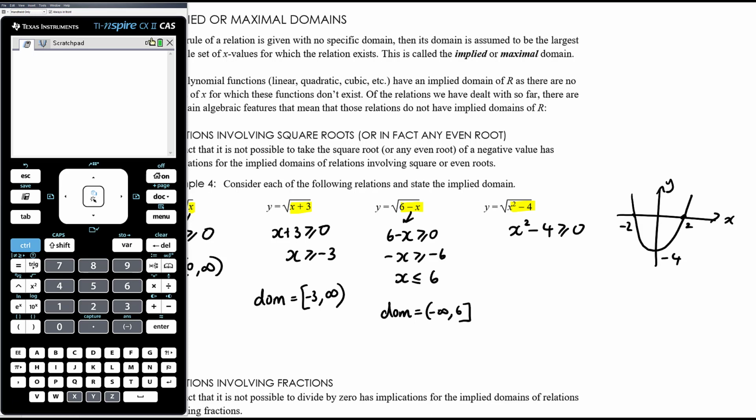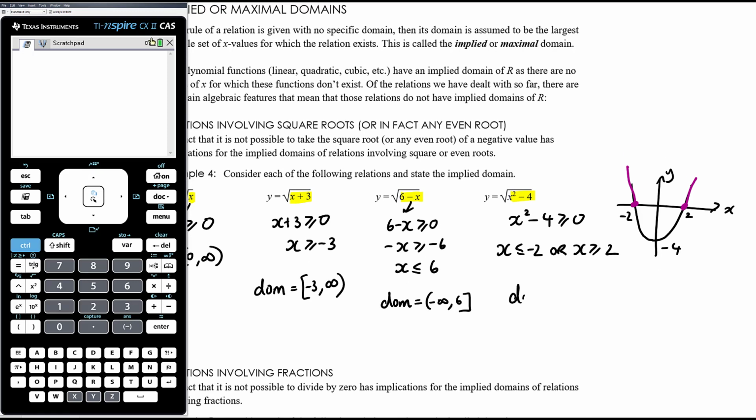It is bigger than or equal to 0 if x is bigger than or equal to 2, or if x is less than or equal to negative 2. That's where x squared minus 4 will be bigger than or equal to 0. So when x is less than or equal to negative 2, or when x is bigger than or equal to positive 2.